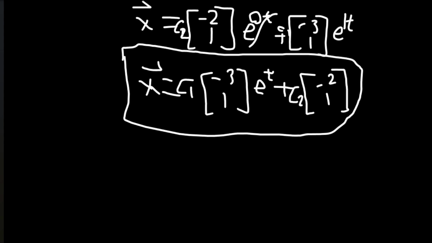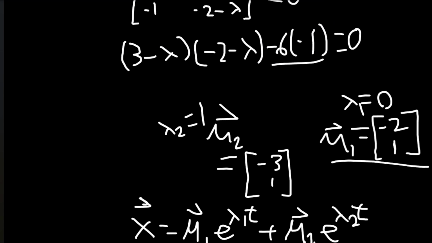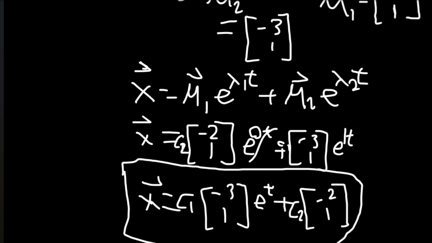As long as it's relatively equivalent, you don't have to get this exact answer, but it should look fairly similar, and you should end up having two constants. Sometimes you should get two e to the t's. In this case, we didn't because we had a 0, so that just went away. Your answer isn't automatically wrong if you did not get these. If you got something equivalent, that would also be okay.